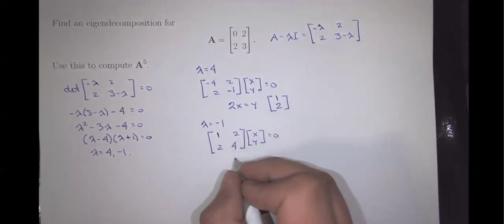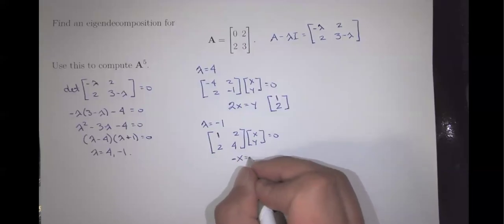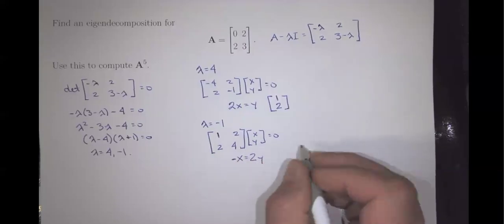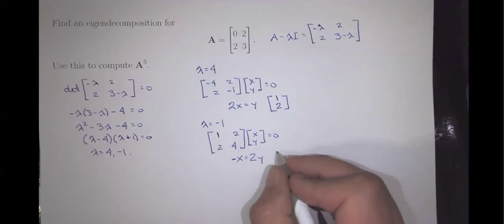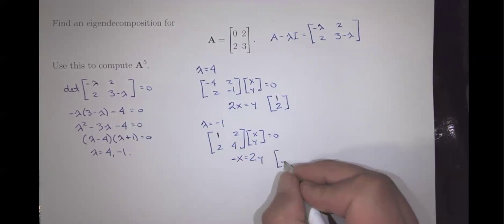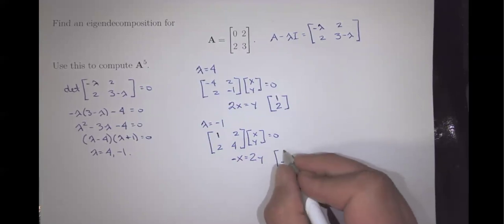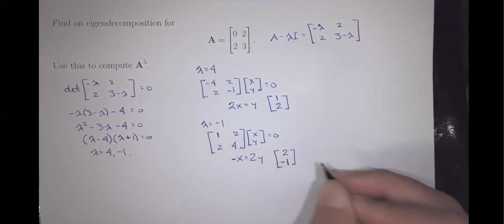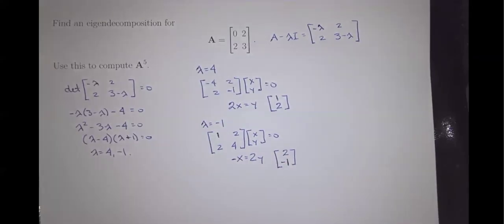And so here, x is equal to negative 2y, or negative x is equal to 2y. And so we get the eigenvector, y is equal to negative 1, x is equal to 2. Great. So we've got our two eigenvalues. We've got our two eigenvectors.